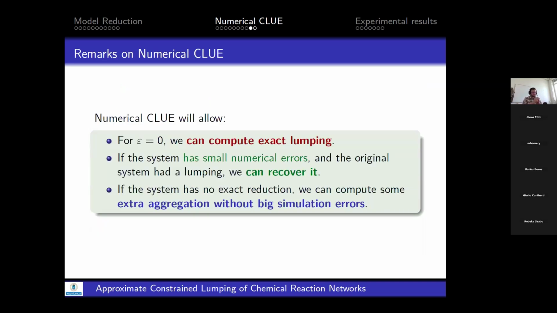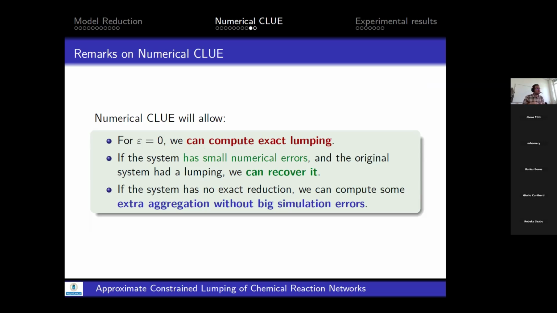So some remarks from this numerical CLUE. For epsilon equal to 0, this algorithm leads to exactly the same algorithm as CLUE. It will provide the same exact reduction. And as I was saying, if the system had some small numerical errors, it seems that you can recover the true reduction of your system.